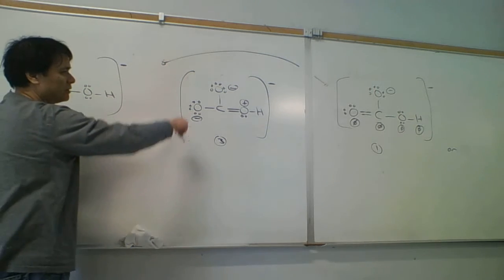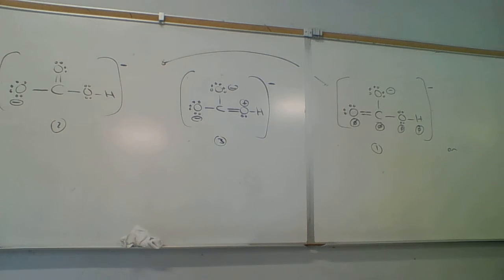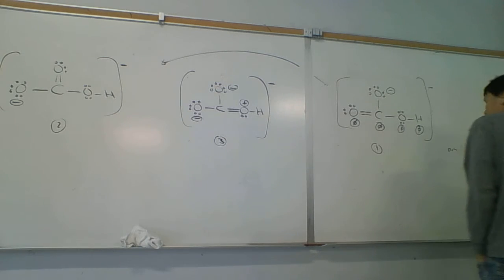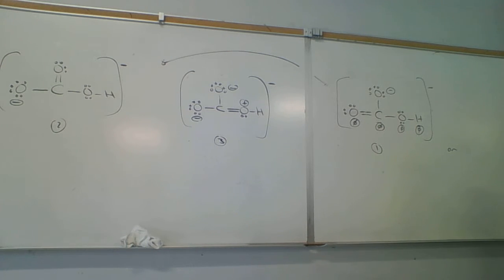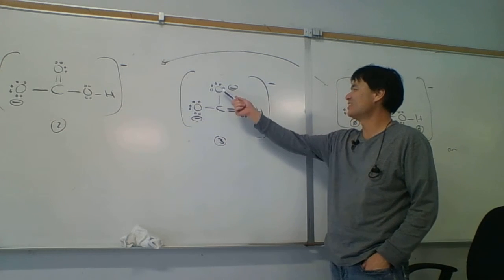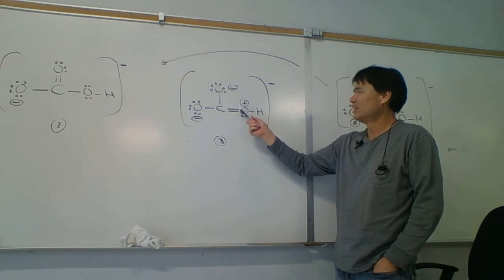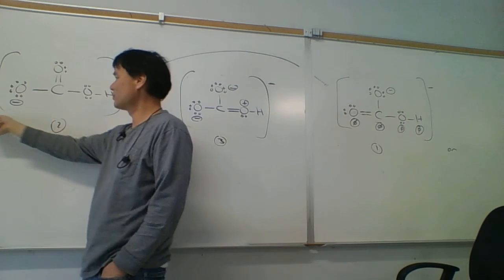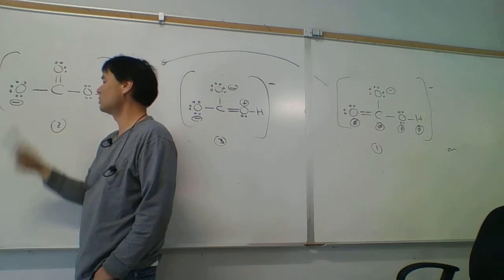Structure number 3, however, looks different, doesn't it? And structure number 3 is unstable compared to 1 and 2. What makes it unstable? Well, what makes it unstable is this. Let's say 1 oxygen here. Well, we got a negative charge. We can't help but having a negative charge because we have an extra electron. So the negative charge is going to go somewhere.